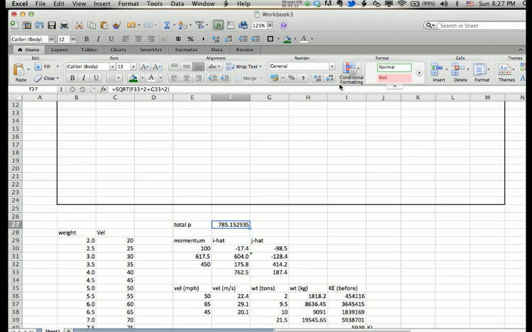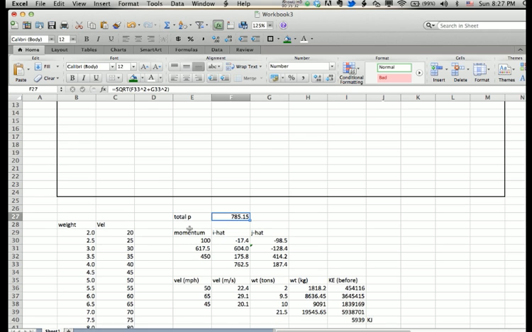We've added all the momentums up. Now this is just a scalar right now because we have to actually put the angle where it's going to be. Okay, so there's our total momentum. That's going to be our total momentum before and after.